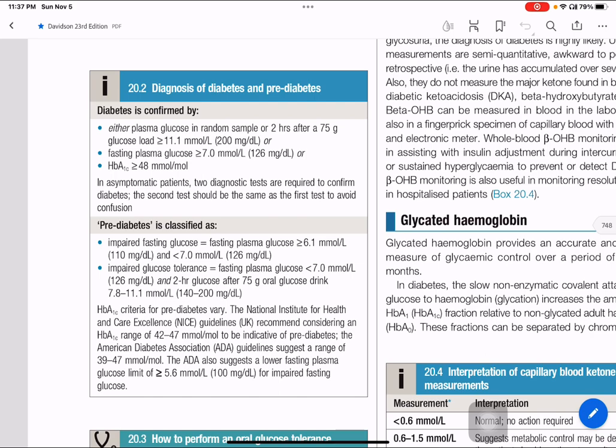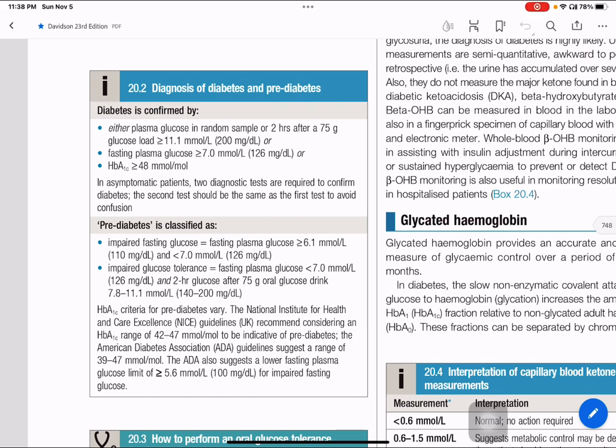But in testing, if we find fasting glucose is more than or equal to 6.1 but less than or equal to 7 millimole per liter, then we can call it impaired fasting glucose.